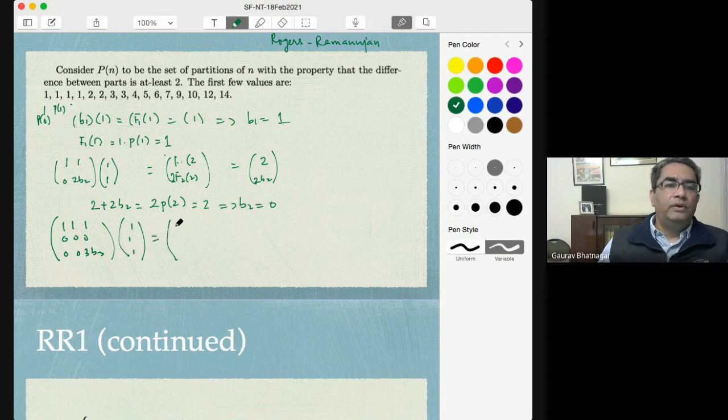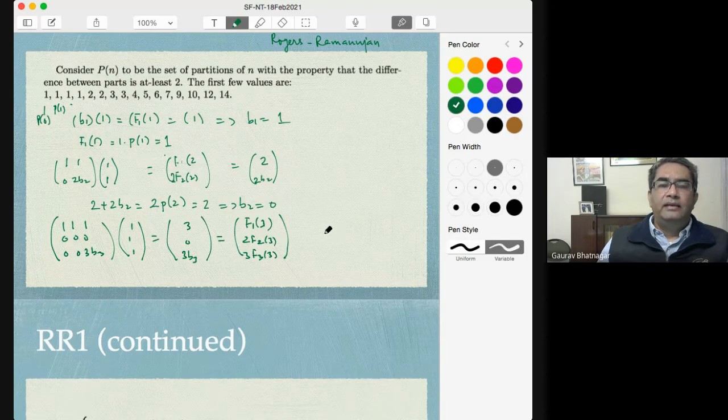So this is equal to p0, 3b3, and this is equal to f1 of 3, 2 f2 of 3, 3 f3 of 3. And I also know that the sum of these, so 3 plus 0 plus 3b3, is 3 times p3, and p3 is 1. So again, b3 is equal to 0.